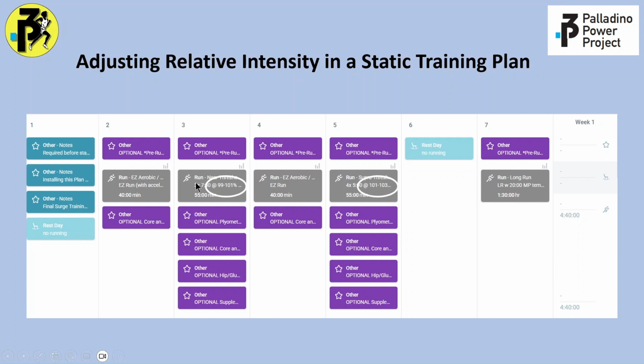So let's look at these higher intensities and how you might adjust them if you want to get things finer tuned for yourself, more individualized.